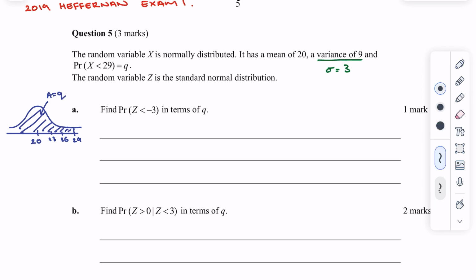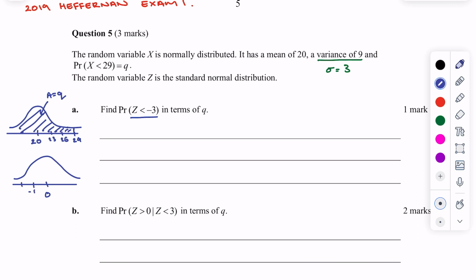Then when I come to evaluate z, okay, so z being less than -3, what I'm looking at here is I've got my normal distribution, but this is a standard normal distribution. So 0, -1, -2, -3. I'll just extend that out a little bit. And that area there is equal to q.